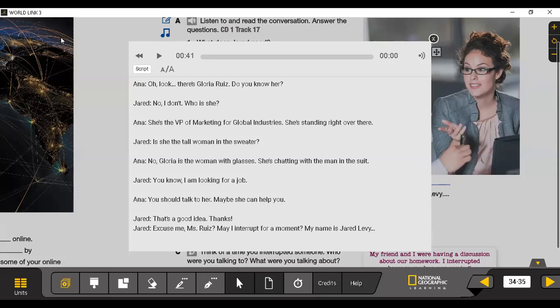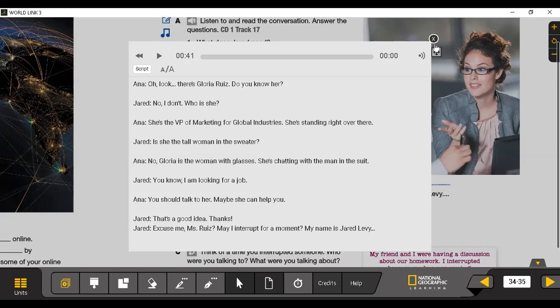She's chatting with the man in the suit. You know I'm looking for a job. You should talk to her. Maybe she can help you. That's a good idea, thanks. Excuse me, Miss Ruiz. May I interrupt for a moment? My name is Jared Levy.